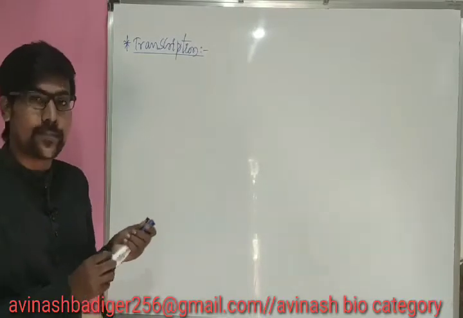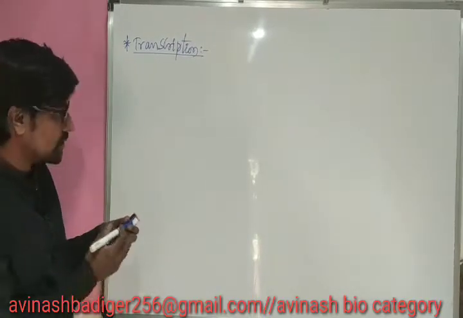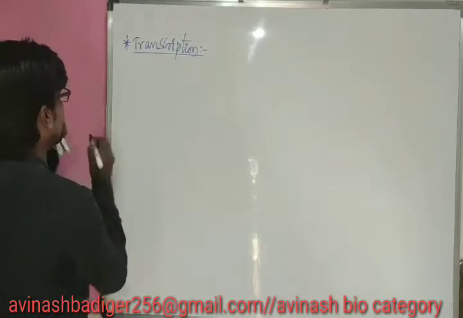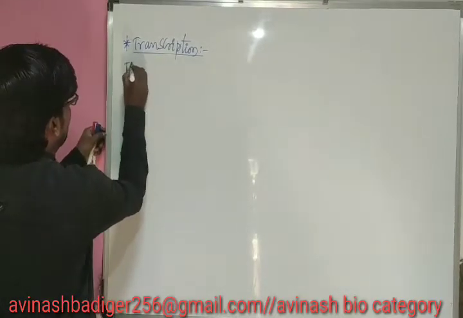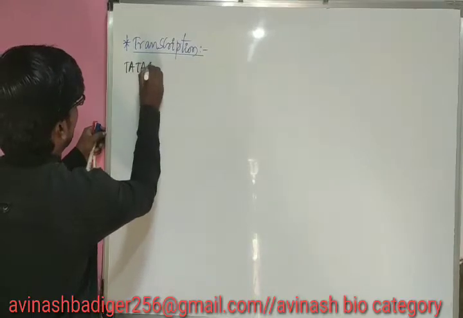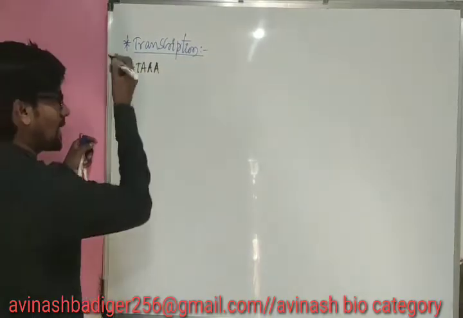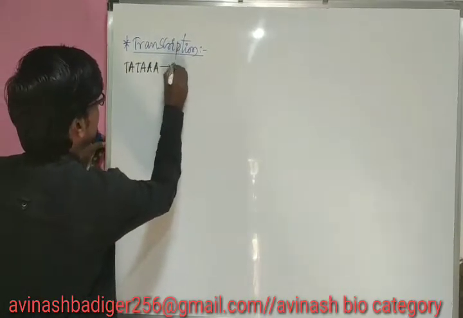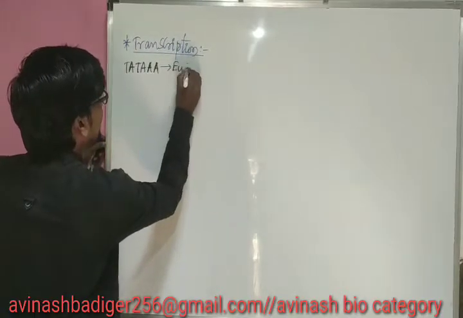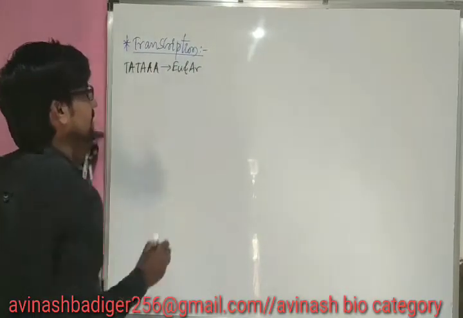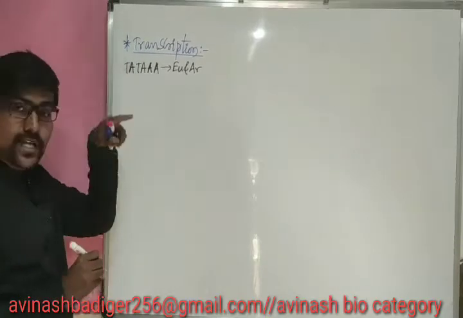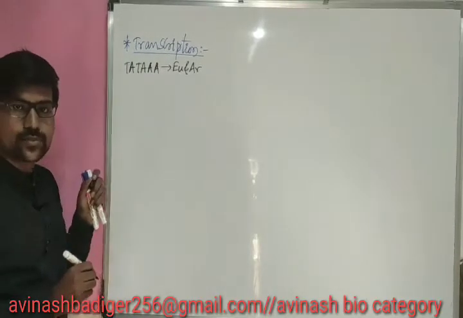That is the TATA box and the TATA box in a different arrangement. Let me write them here: TATAAA. That is the TATA box, and it is present in eukaryotes and archaea. In these organisms, in their promoter region, we can see the TATA box.